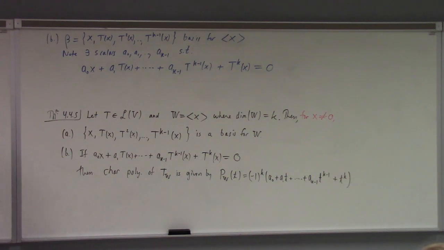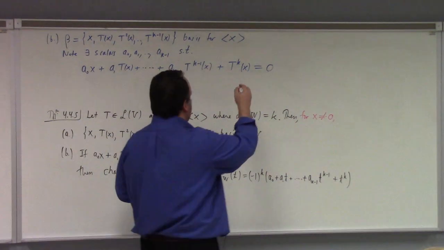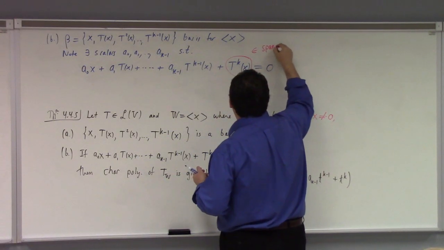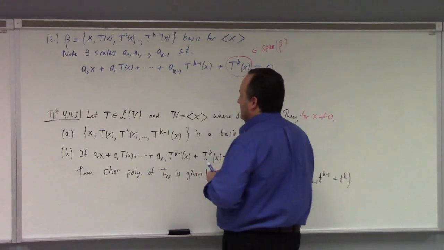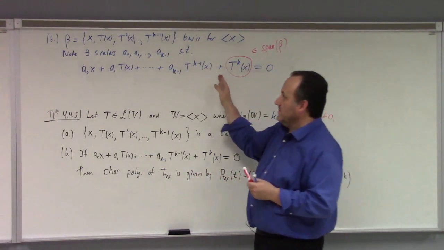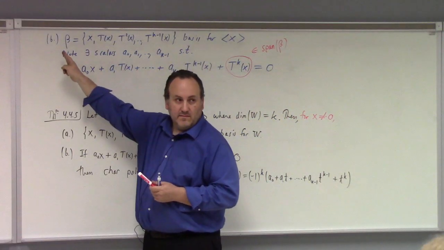Remember, we argued previously that this is in the span of beta. So we can write this thing as a linear combination of these vectors.